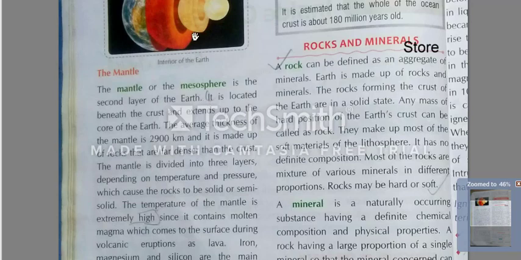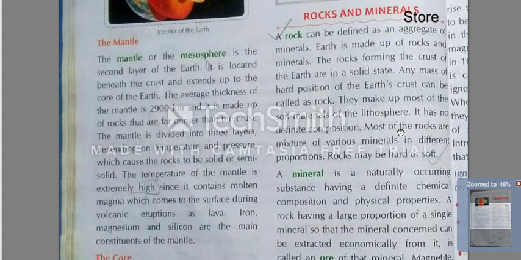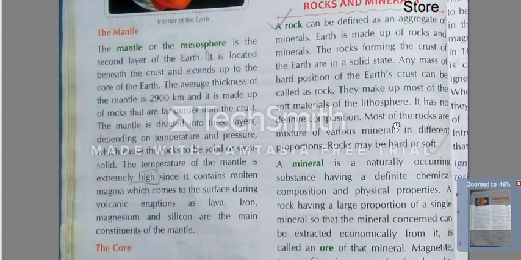Okay, good. Now see, most of the rocks are a mixture of various minerals in different proportions because there is no person who is mixing. This is a natural reaction, and they react with each other.